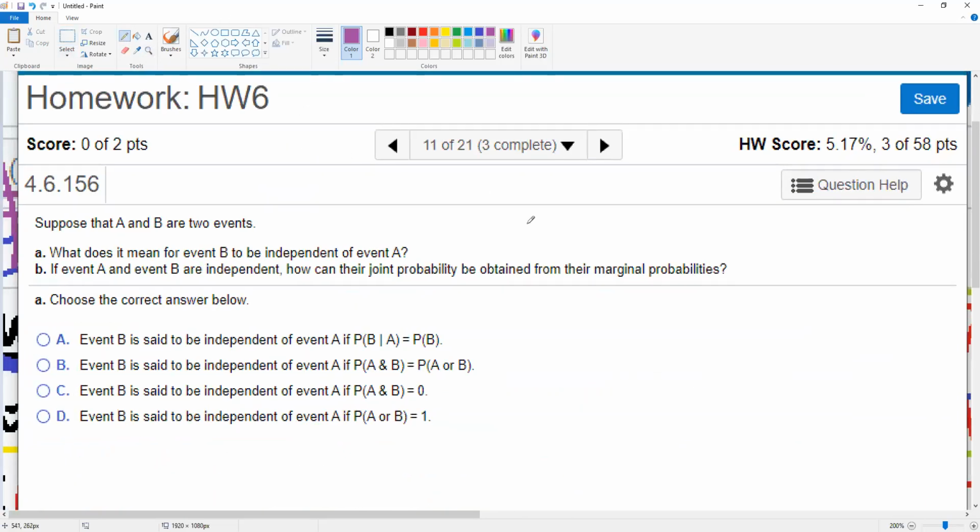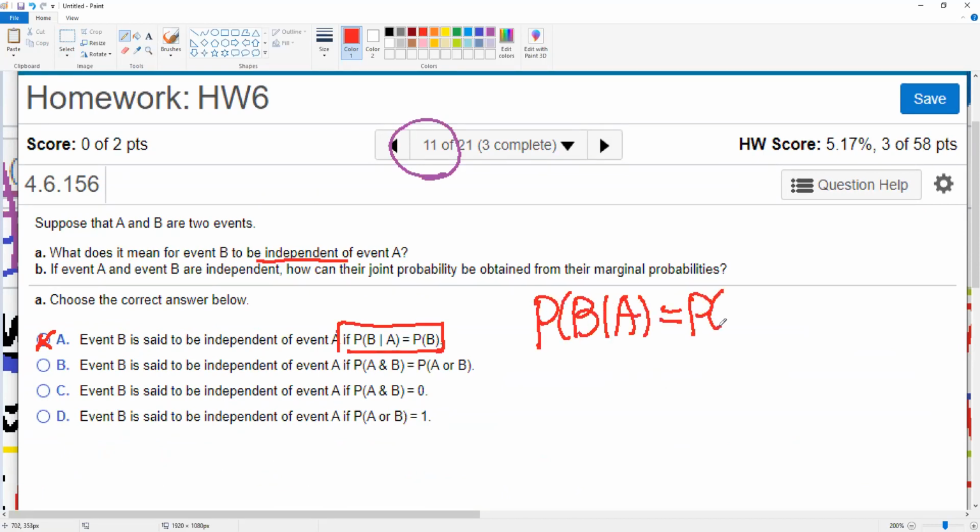It is number 11. Yeah, they are independent. What did I say? I think yes, it is the correct answer, because the event of B does not depend on A. So when I have B given A, it will be the same as just B. How about this one, A given B?